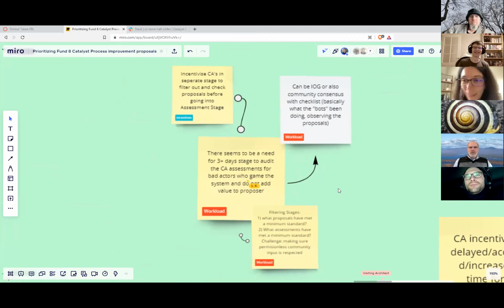And something that occurs to me as you're talking about this, Tevo, is the following. If we had this sort of additional stage, I wonder if, rather than a different group of people, it could be the veteran CAs. And all they do is give numbered ranks to what they're observing, no written assessments.